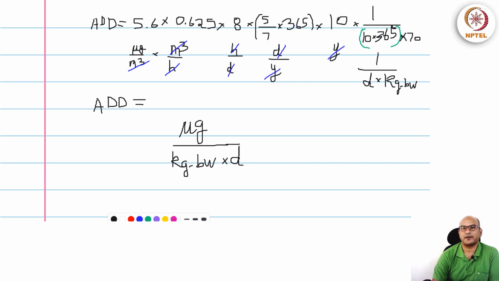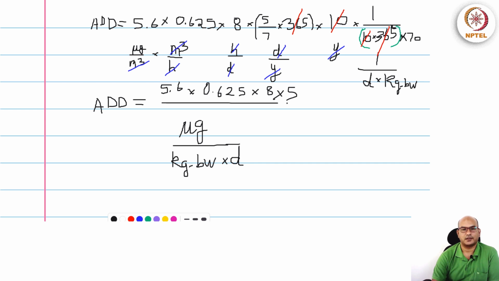We can simplify this: 365 and 365 cancel, and 10 and 10 also cancel out. So we will have a much simplified equation: 5.6 multiplied by 0.625 multiplied by 8 multiplied by 5, divided by 7 times 70.